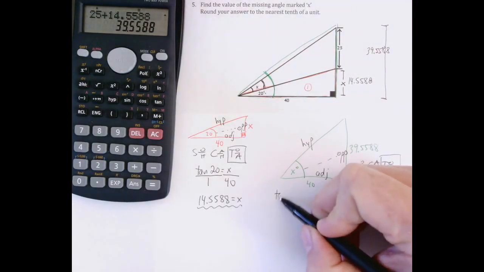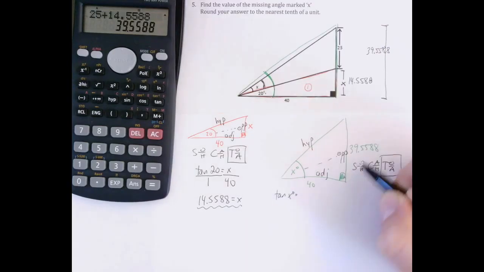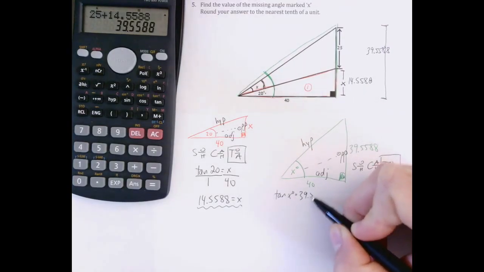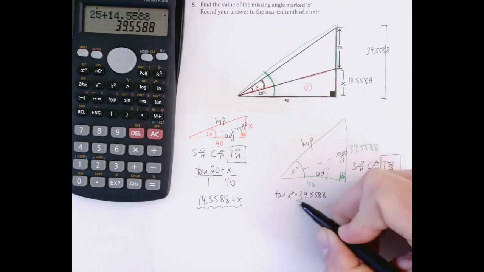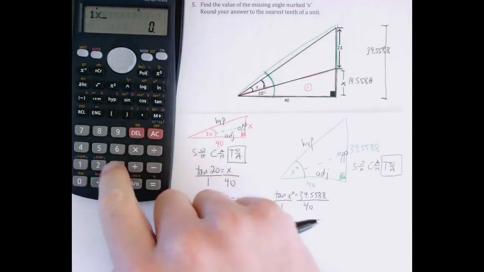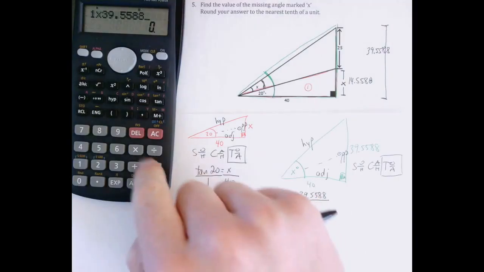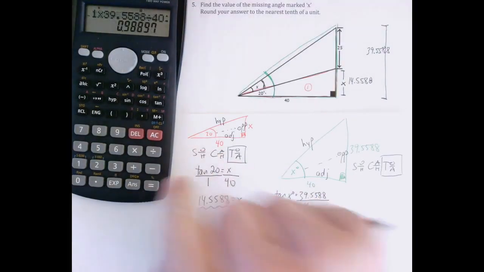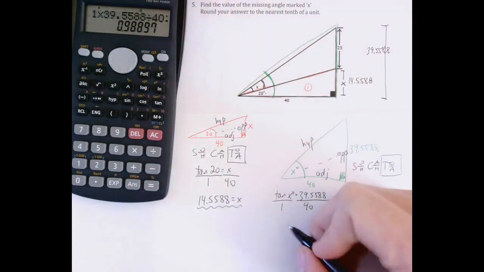So here I've got tan of x degrees equals 39.5588 divided by 40. I'm going to put this over 1 out of habit, multiply my diagonals, divide by the other. So I've got 1 times 39.5588 divided by 40 equals 0.98897.